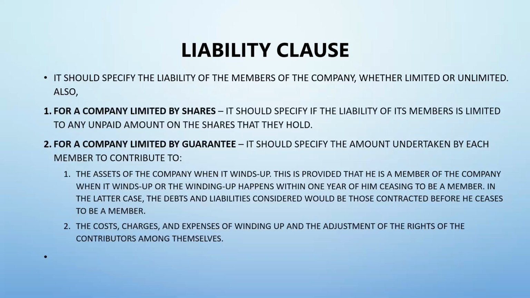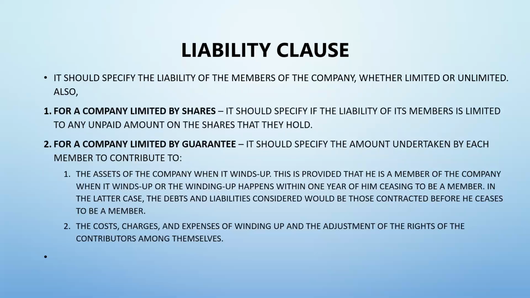For a company limited by shares, it should specify if the liability of its members is limited to any unpaid amount on the shares that they hold. In case of a company limited by guarantee, there are certain specifications. It should specify the amount undertaken by each member to contribute to the assets of the company when it winds up.